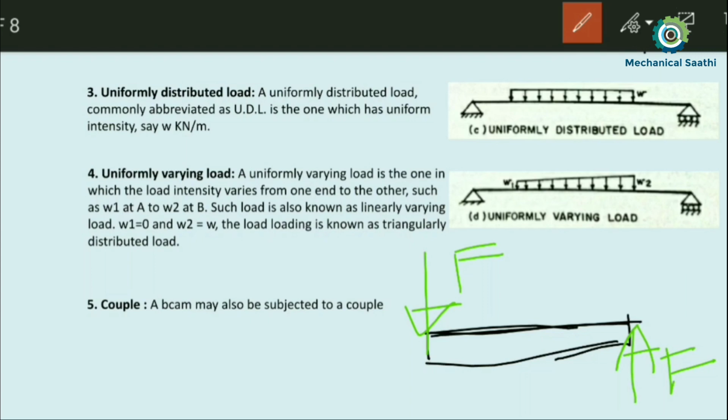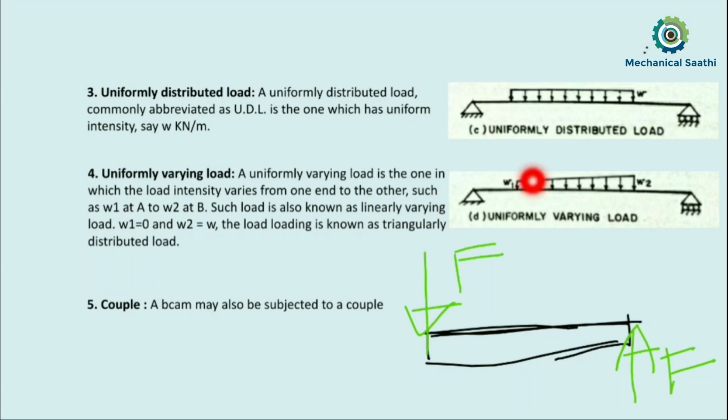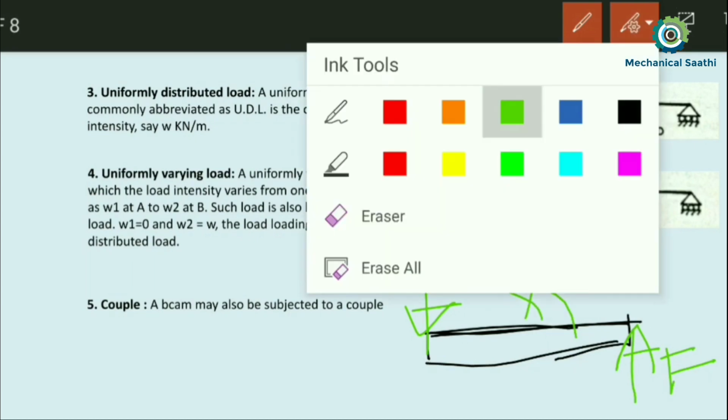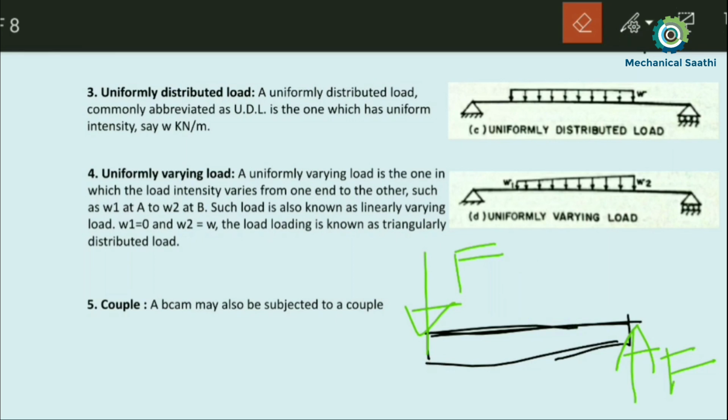Then the magnitudes of these two forces are equal, that is F, and their directions are opposite, so the combination of these two forces will try to rotate the structural member in the clockwise direction. This type of force system we call a couple.